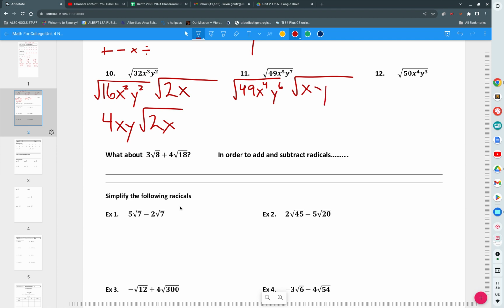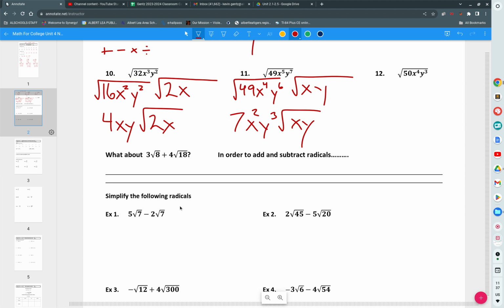See if you can finish that off. And I get 7x squared y cubed times the root of xy. Okay?